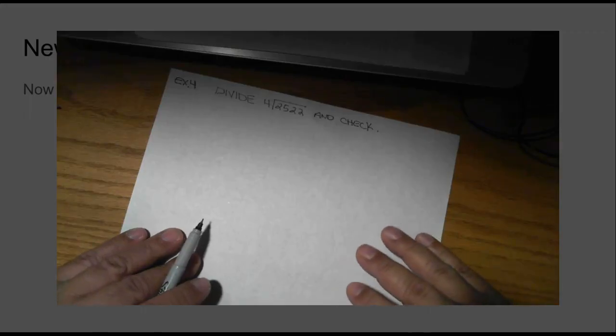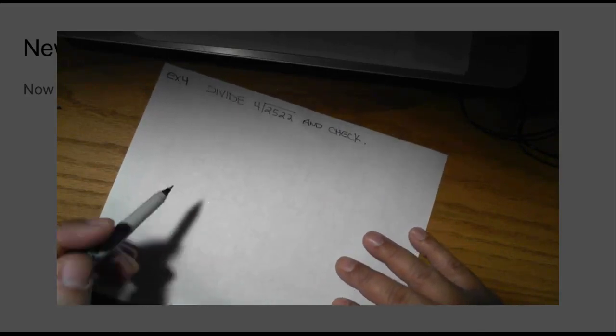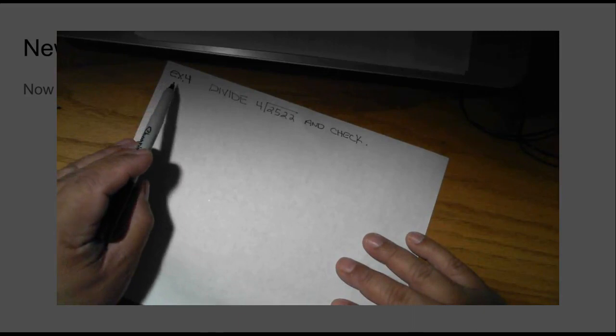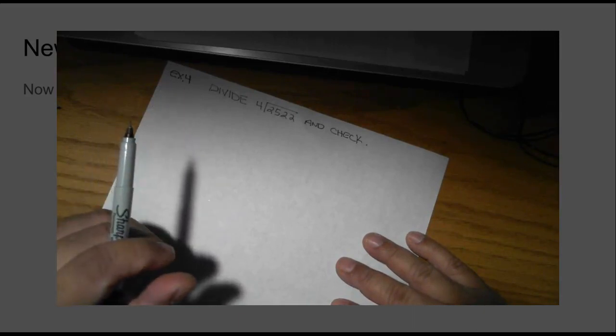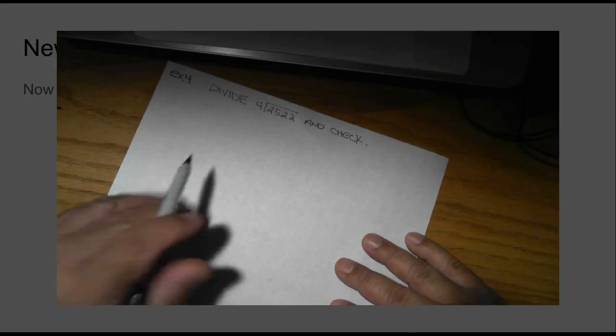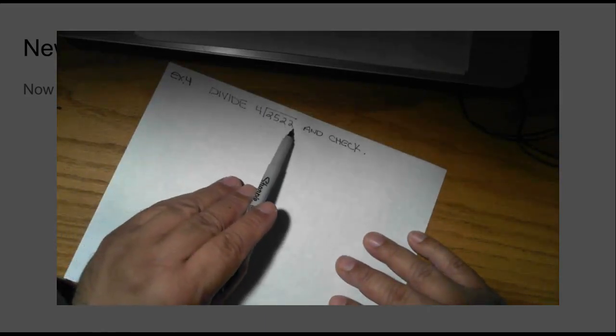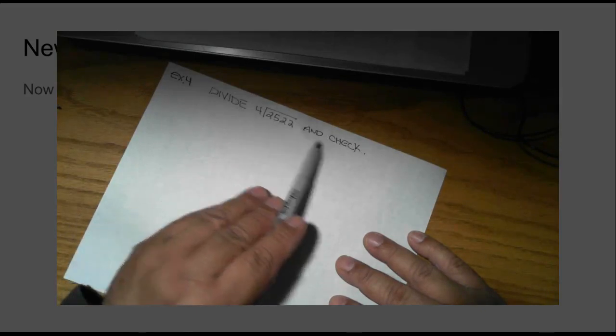Okay, so we're here at our example part of the problem. So let's go ahead and take a look. Example 4, which would be on page 36 of section 1.5 objective B of the textbook, states: divide 2,522 by 4 and check.